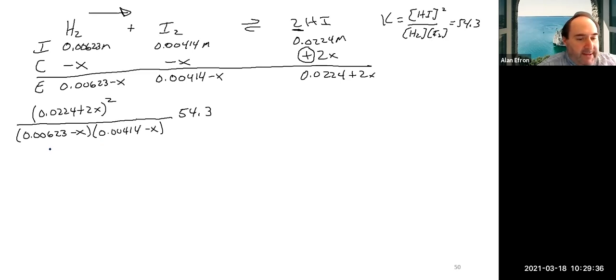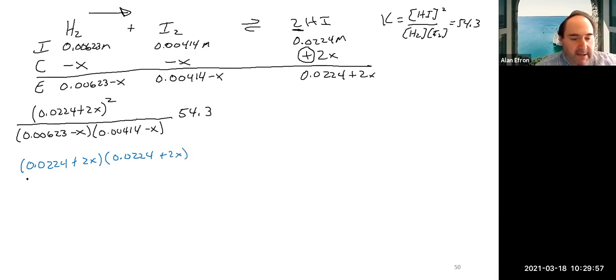We'll start with the top. I'm just going to do the top first, and then I'll do the bottom, and then we'll put it back together. If you look at the top, that's basically 0.0224 plus 2x times 0.0224 plus 2x.